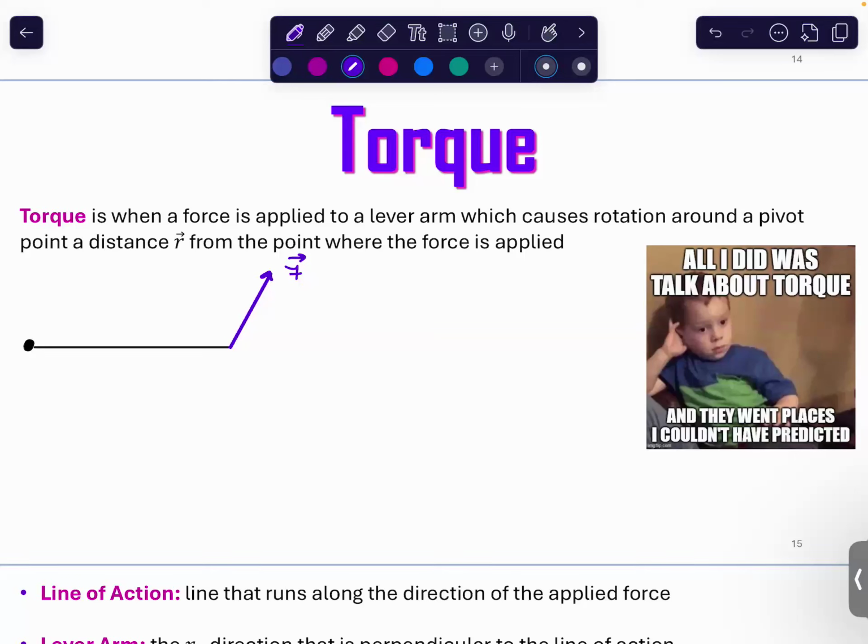Now, one thing we want to take account of is that from our center of rotation, we're going to have a vector r, a position vector, and then we want to know the angle between these two.